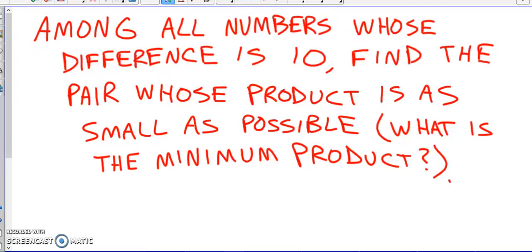So what we need to do is set up some equations to represent this situation. First thing I always like to set up is the equation for the thing I'm trying to maximize or minimize. So what am I trying to maximize or minimize here?